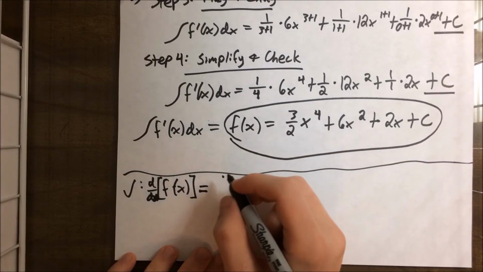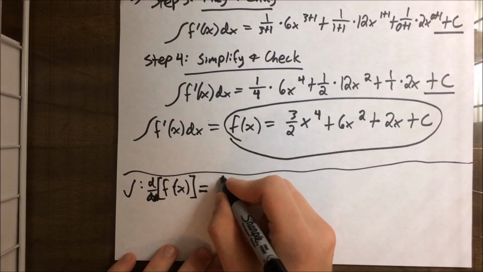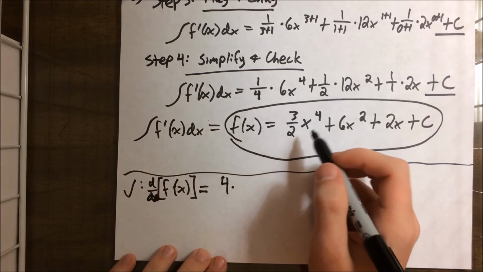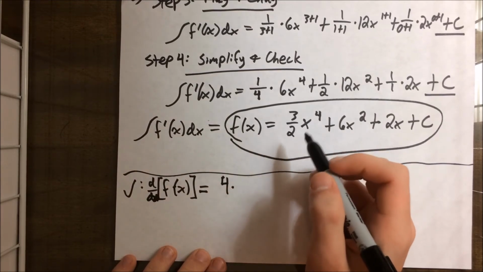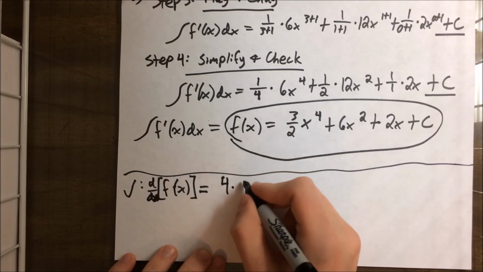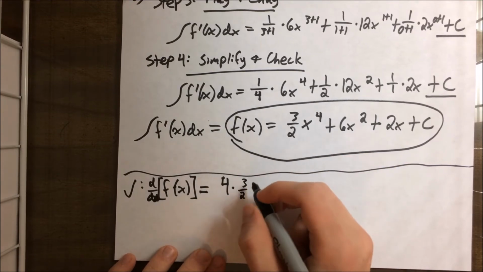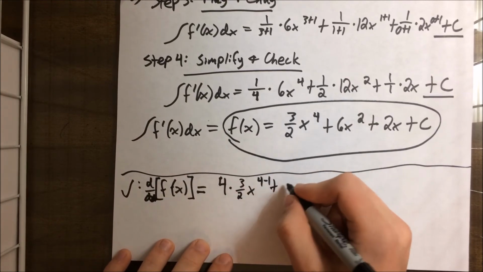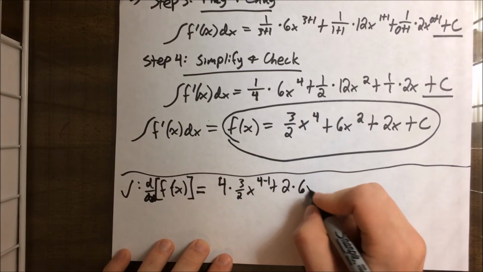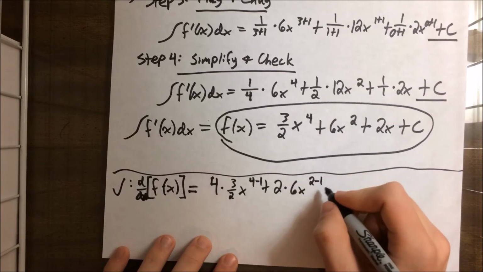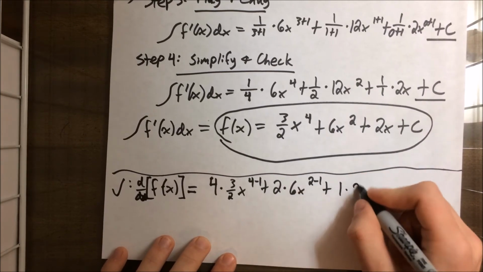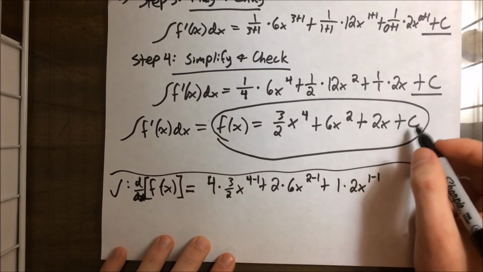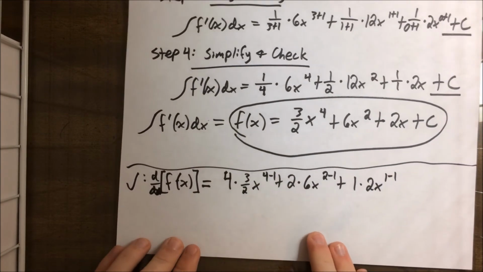So that would be 4. So n times a n times x to the n minus 1. So 4 times 3/2 x to the 4 minus 1 plus 2 times 6x to the 2 minus 1 plus 1 times 2x to the 1 minus 1, and then the c goes away because it's a constant.